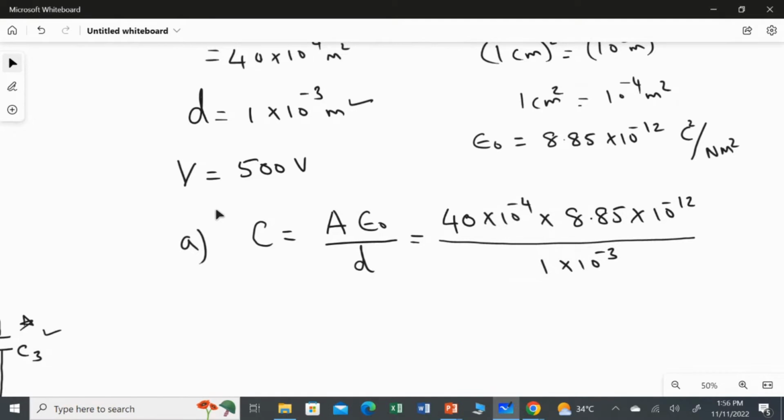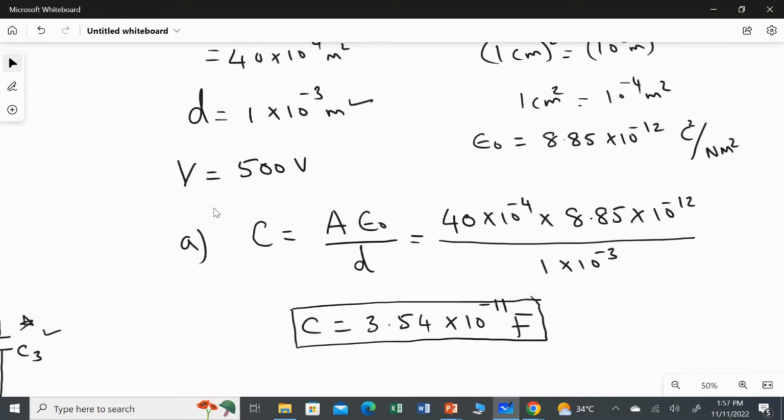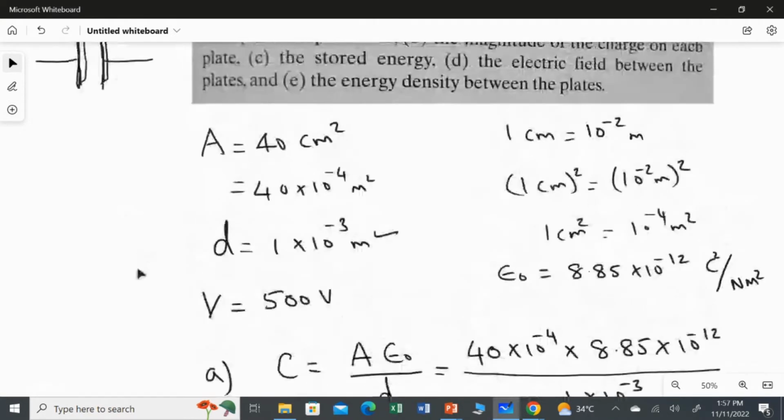I got 3.54. So the answer for the first question is 3.54 multiplied by 10 power minus 11. And the unit of capacitance is farad. Clear? This is the answer for the first part, because this question has 5 subdivisions.